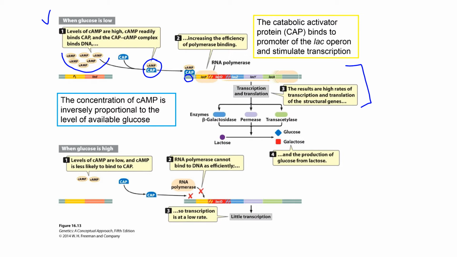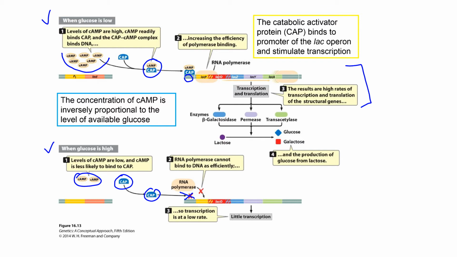However, when glucose is high, there is catabolite repression, because when glucose is high, cyclic AMP levels are low, so there is no CAP-cAMP binding, and CAP alone cannot bind to the promoter. So RNA polymerase does not bind efficiently.